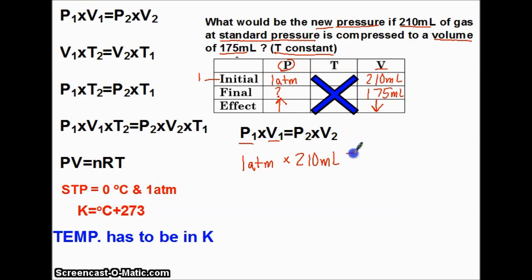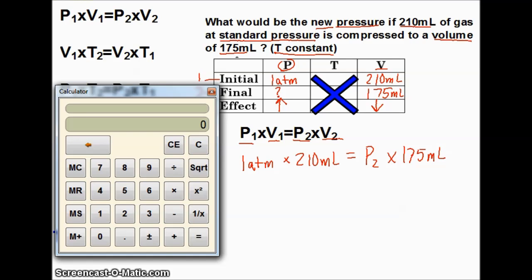And that's going to equal our P2. Our P2 is our question, so we're just going to leave it as P2. We don't know what that is. That's what we're looking for. Times the volume, V2, our final volume. Remember, the final is our 2's. So that's 175 milliliters.